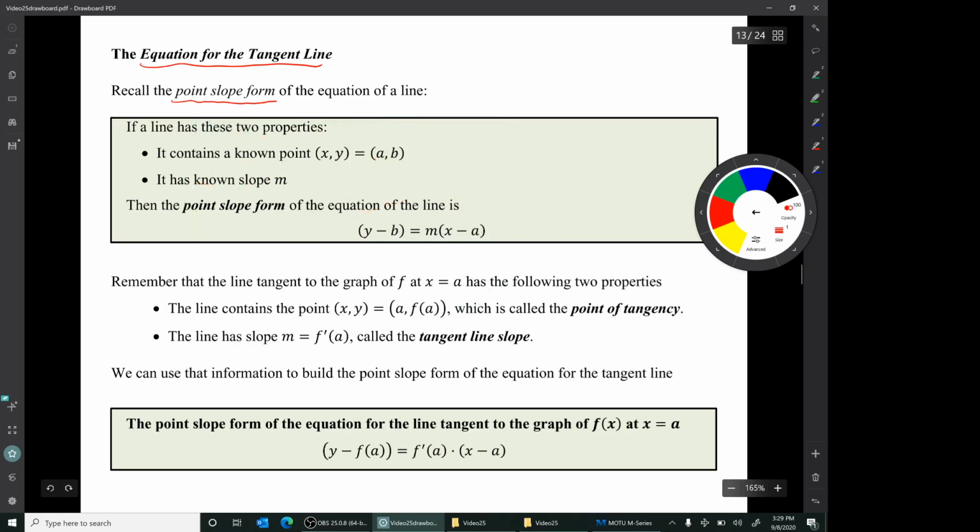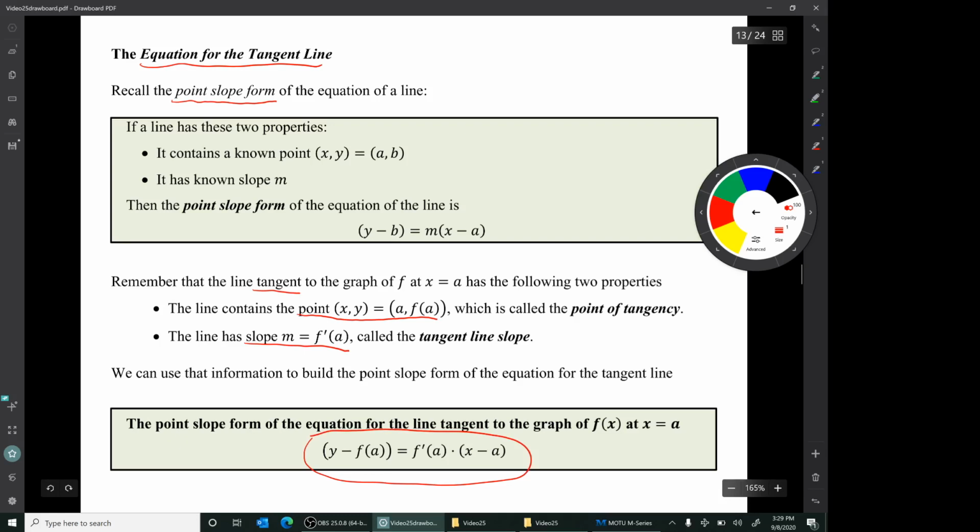Now let's think about what we know about the tangent line. The tangent line was defined to have two properties. It is defined to have this point and to have this slope. So if we know those two things about the tangent line, then it's a straightforward thing to construct an equation for the tangent line. We just substitute those known quantities into the point-slope form of a line equation, and we get this thing.